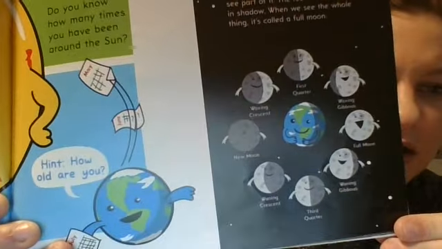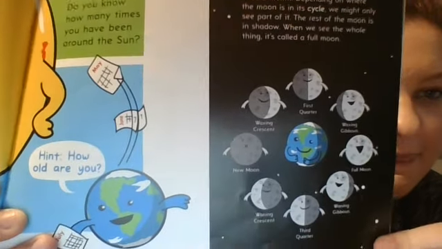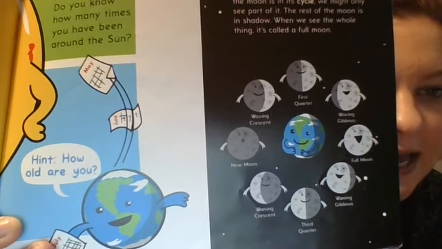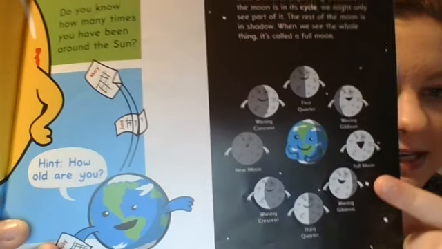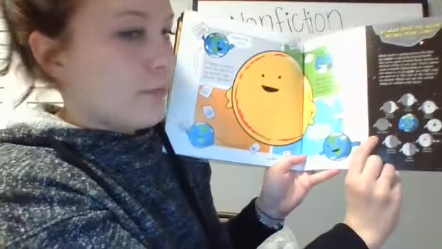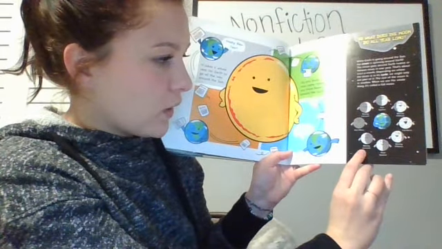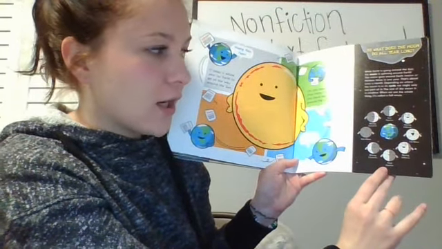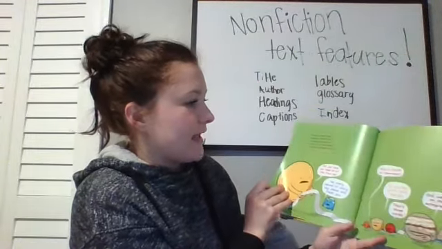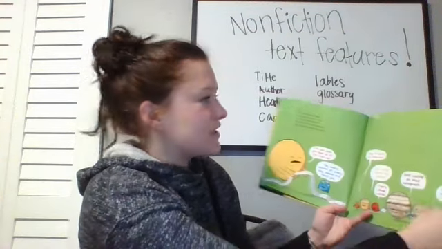And it shows moon phases. And each moon phase is labeled by what they are. So like this one is a new moon, a waning crescent, a third quarter. So here is a picture that has labels on it. And then more pictures with captions.